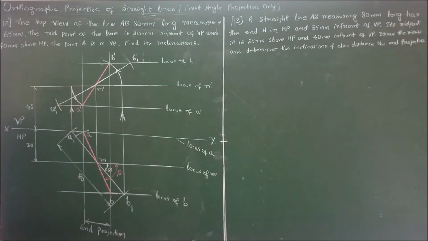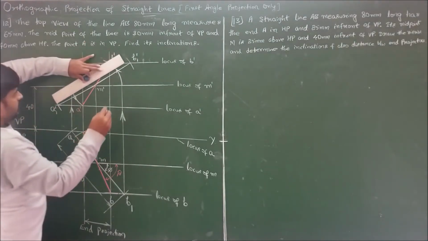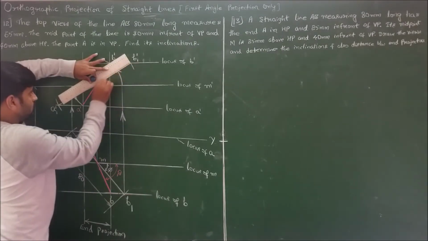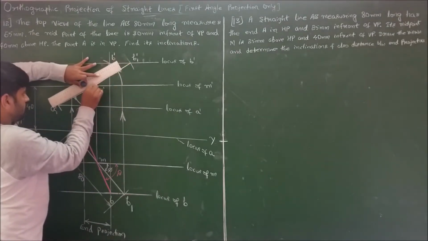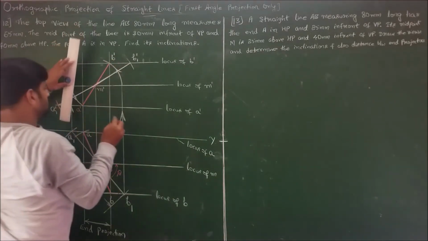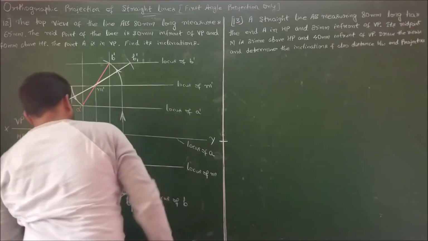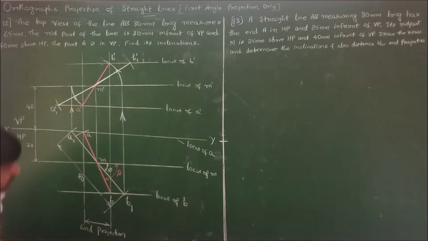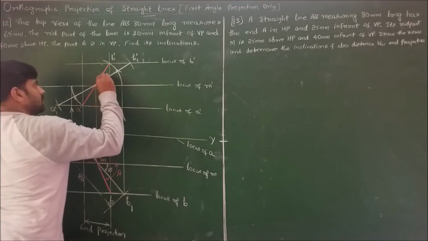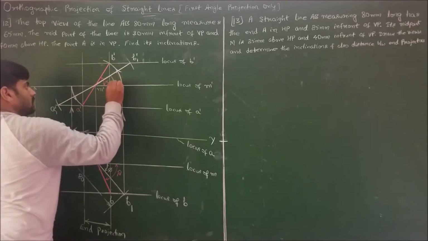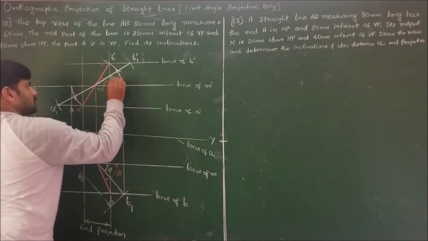This completes the front view true length and true length in top view. Now to measure the angles, this angle will be alpha and this angle will be theta.